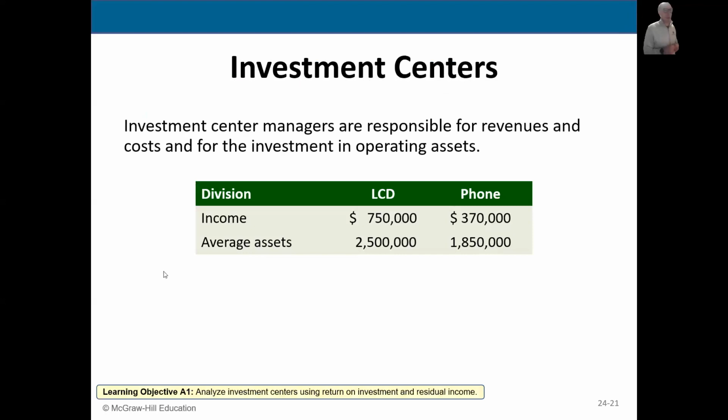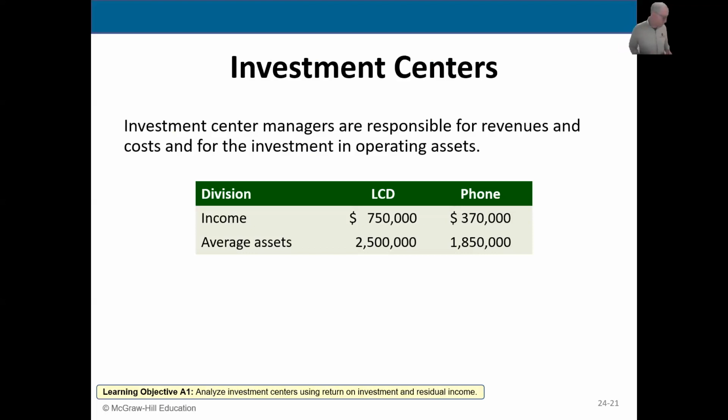How well the company is using their assets in order to generate revenue. That's what the investment center looks at. How well is each department manager doing? Investment center managers, department managers are responsible for revenues and costs and the investment of operating assets to help to generate revenue.